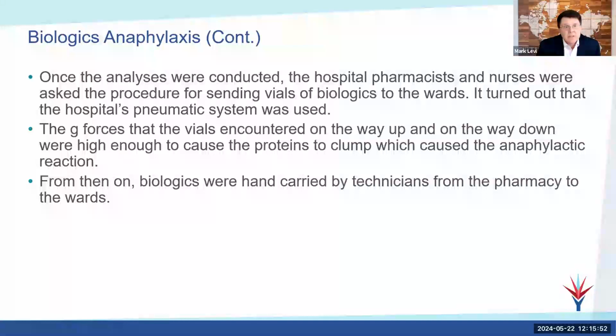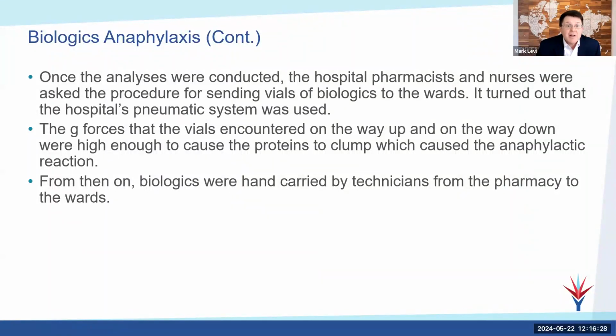So let's work backwards. Let's go back to the hospital. Let's ask the pharmacists and the nurses, how do you get vials of biologic from the pharmacy to the wards? Well, the answer became the hospital pneumatic system. It turns out that the G-forces on the way up and on the way down of the little holder that holds the medicine that travels through the pneumatic system, those G-forces were high enough to cause protein clumping, and the protein clumps caused the anaphylactic reaction.